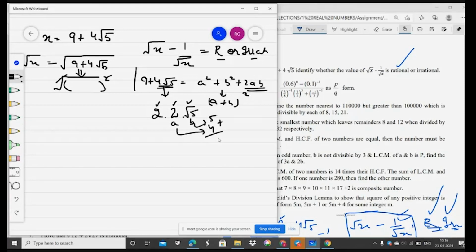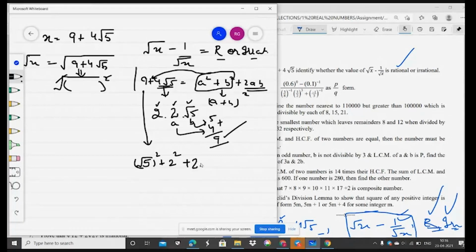Now we are checking whether a square plus b square is 9, so that we can write it as a square plus b square plus 2ab. Yes, it is absolutely right. It means we can rewrite it as root 5 square plus 2 square plus 2 times root 5 into 2.